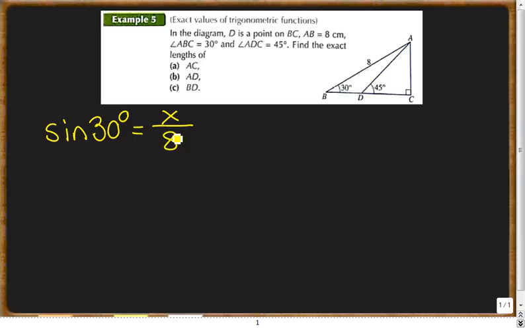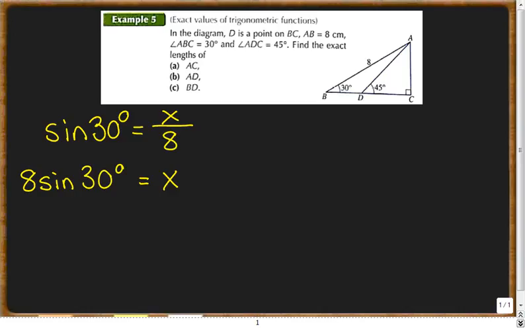If we wanted to solve for x, we would multiply the 8 over to the other side, and it would create x equals 8 sine theta, or excuse me, sine 30. Before, we would take this and put it into our calculator.